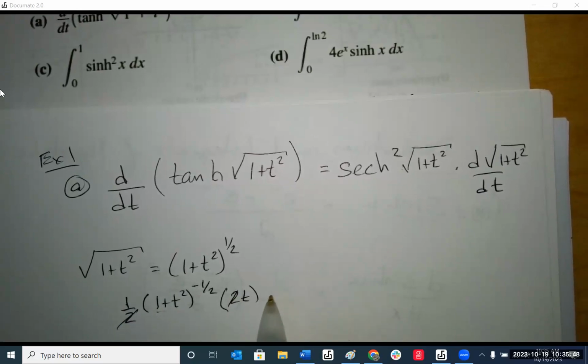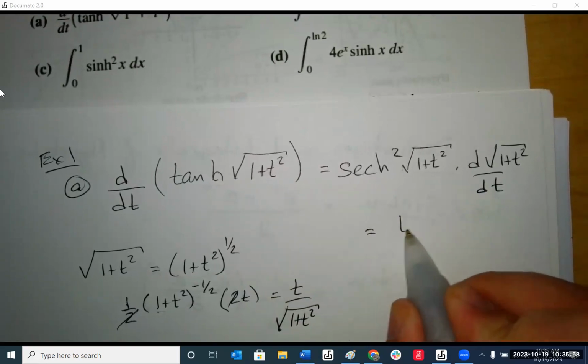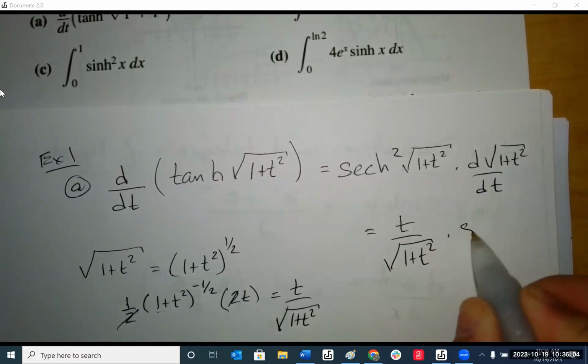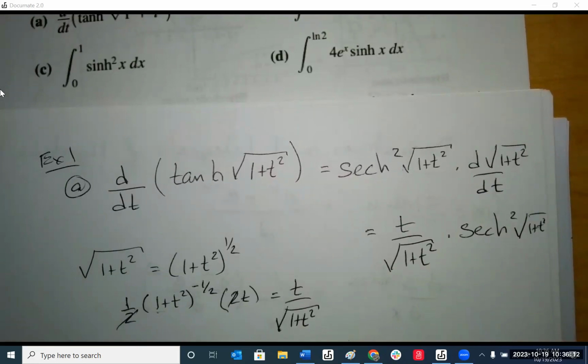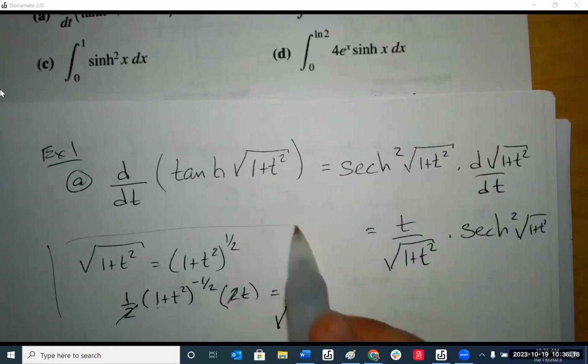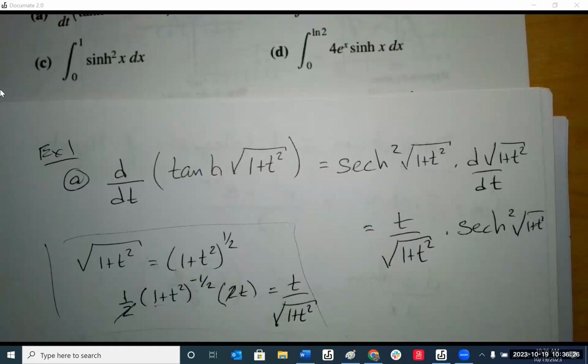So it becomes t over radical 1 plus t squared. So our derivative of tangent hyperbolic is t over radical 1 plus t squared times secant h squared of the radical of 1 plus t squared. The only thing changed is the values we have. We do the same thing the same way.